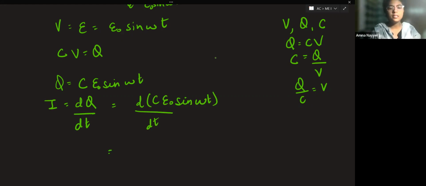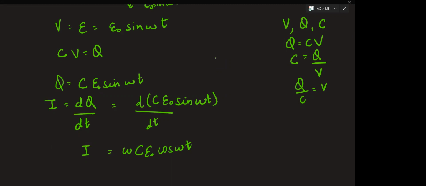See, here omega will come out, it's a constant. C epsilon naught is already constant, and this is cos omega t. So I is equal to omega C E naught cos omega t.